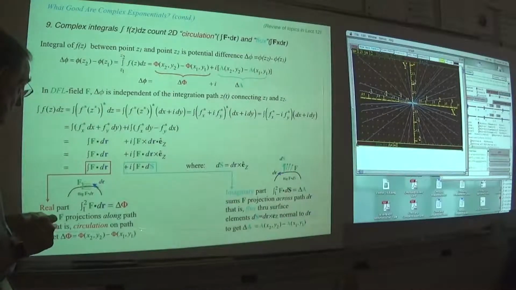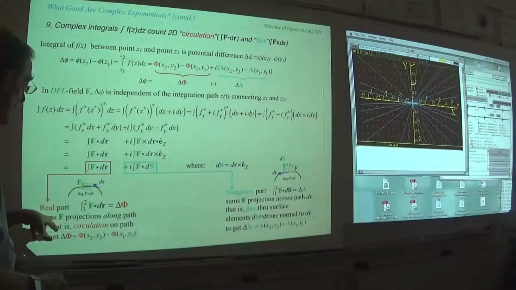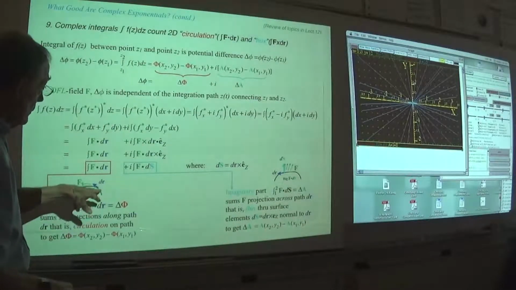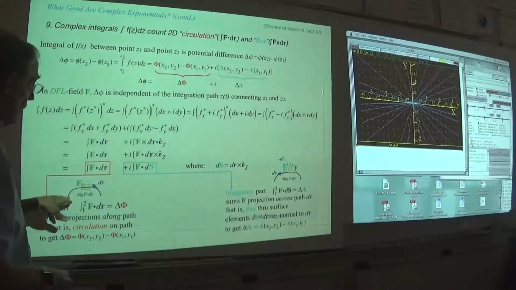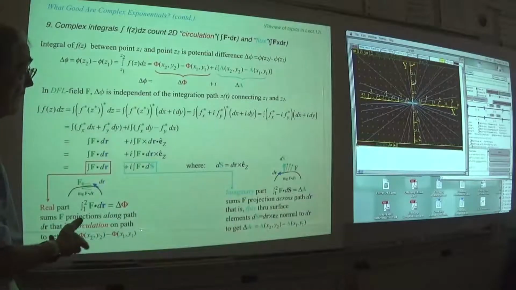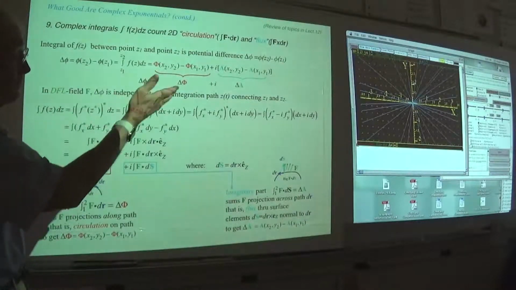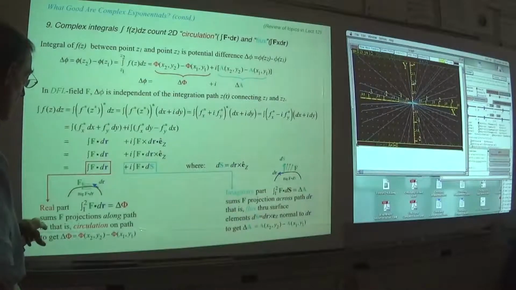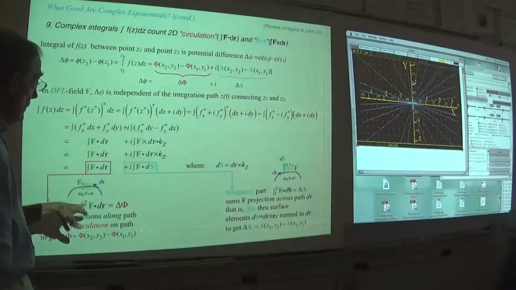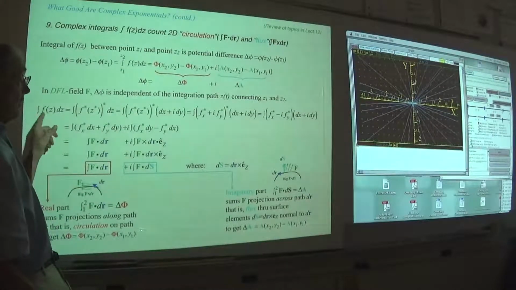And the idea is you're making a sum of the projections of those green vectors on the actual curve, and if it's a loop, then you do it all the way around to see if you get any work by going around a loop. And for this particular field, you don't. That comes out to be 0. But in any case, that's what it is. That's the real part of the complex integral.